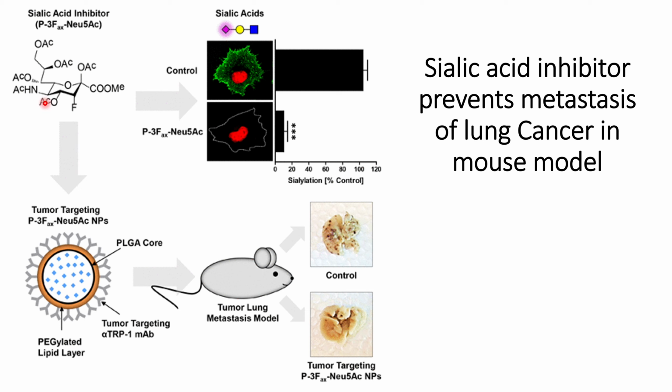So what they have done is they have prepared the sialic acid inhibitor, and first they checked whether sialic acid production can be inhibited or not in the cell culture medium, and they can see that whenever they use their sialic acid inhibitor, which they call P3FX nu 5AC, the sialylation in those cell cultures is significantly lower compared to the control case where no sialic acid inhibitor is present.